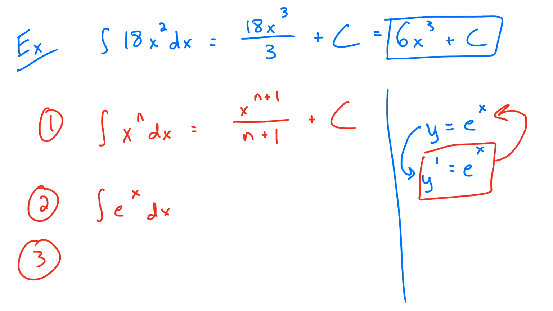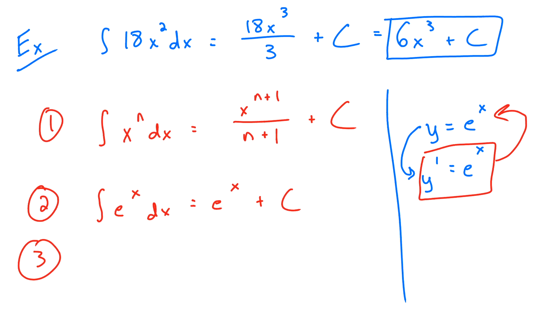We can just look at this example and see, well, if we wanted to go backwards, the antiderivative of e to the x would just be itself, e to the x. But just like we did with the power rule, we're going to have to add this plus c. So we are still going to need our constant of integration on every single one of these integral rules, on every single one of these antiderivative rules. So there is the second one.